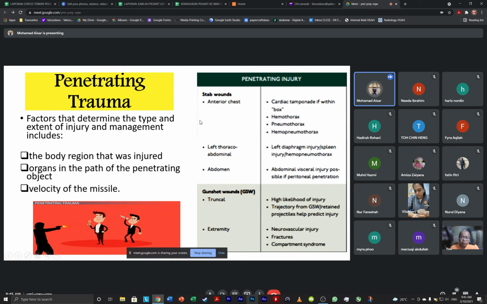Depending on the location, if the location is at anterior chest, we can suspect cardiac tamponade, hemo, pneumo, and also hemopneumothorax. And if the location is at left thoracoabdominal, we suspect diaphragm injury, spleen injury, and also hemopneumothorax. Abdominal visceral injury, and possible if there is any peritoneal penetration.